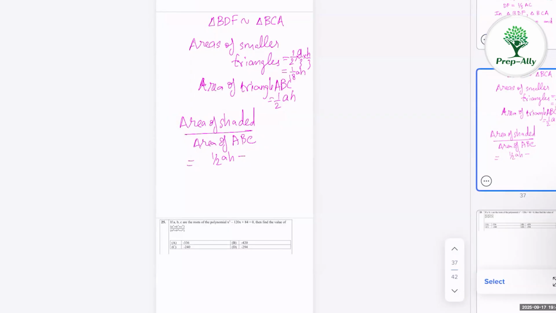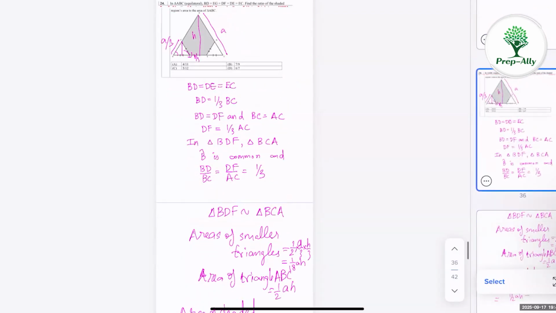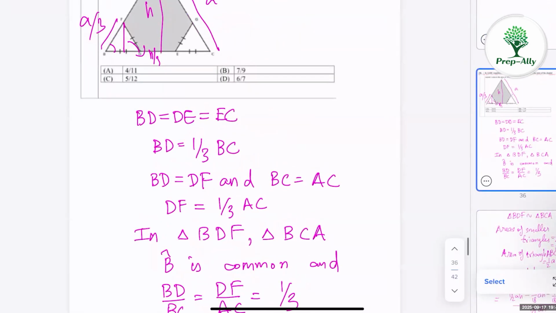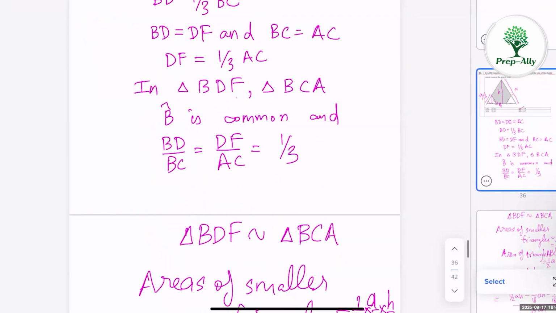The smaller area. So we're subtracting the area of the two smaller triangles, which is 1 by 18 AH, minus 1 by 18 AH by half AH, which turns out to be 7 by 9. So the answer to this question is option B, 7 by 9.